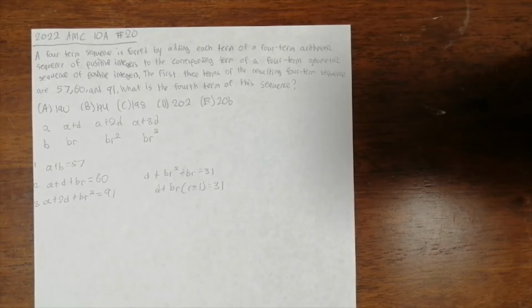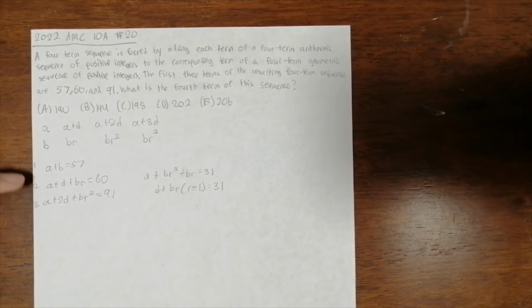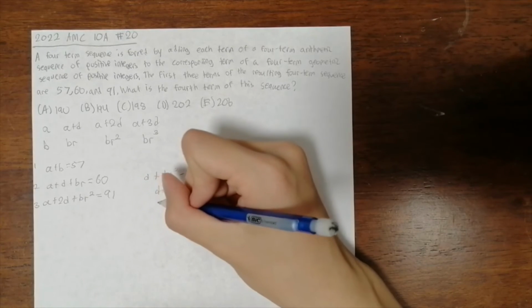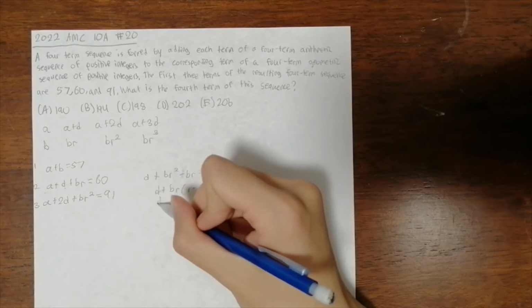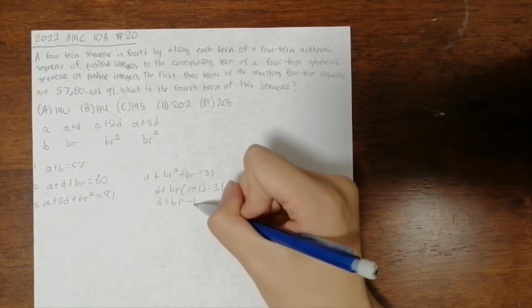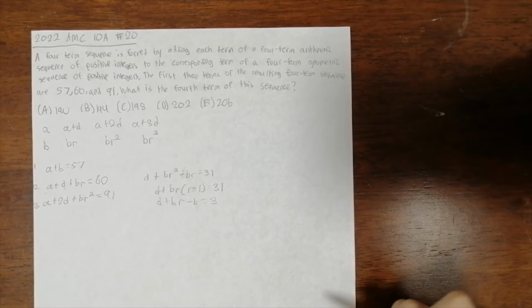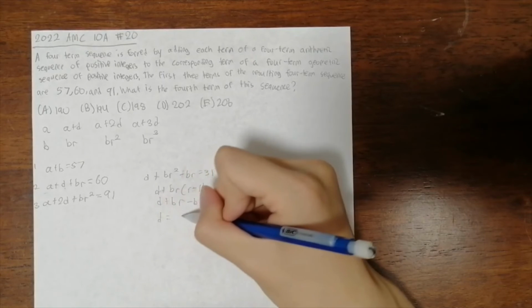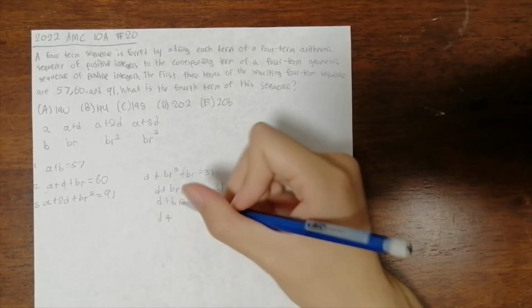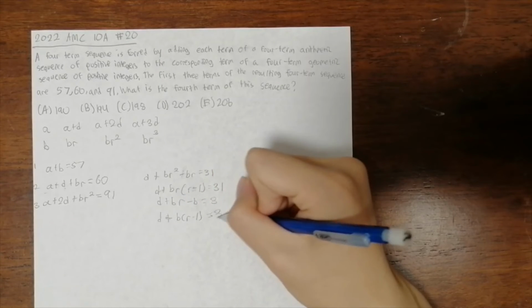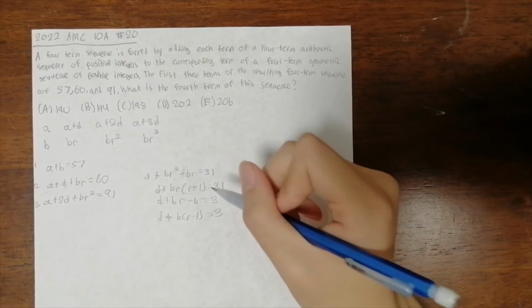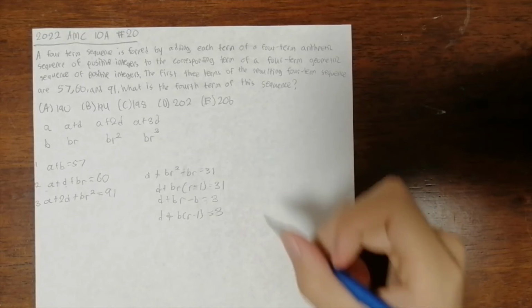And we can do the same thing for equations 1 and 2. Subtract them, the a's cancel out, and we get d plus br minus b equals 3. This is d plus b times r minus 1. Then we can combine these two equations.